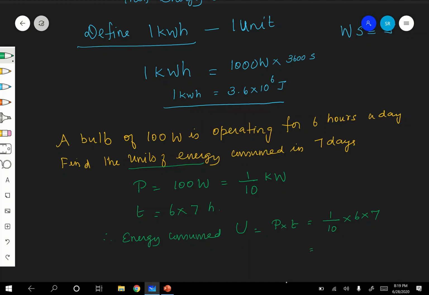That is nothing but 42 by 10, which is 4.2 kilowatt hour. That is nothing but 4.2 units of energy. Are you following? Is it clear?